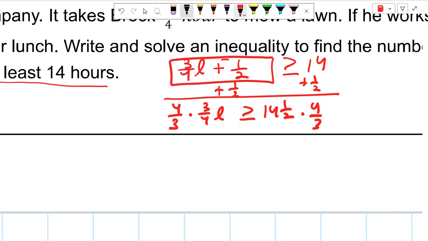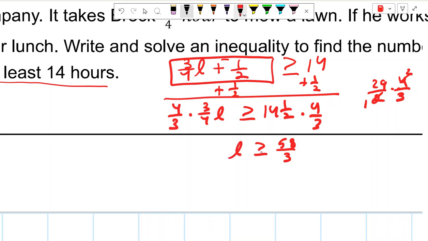So 2 times 14 is 28, and plus the 1 is 29 halves. Anyway. All right, and then this is 3. We can cross-reduce these two, and 29 times 2 is going to give us 58 over 1 times 3 is 3.